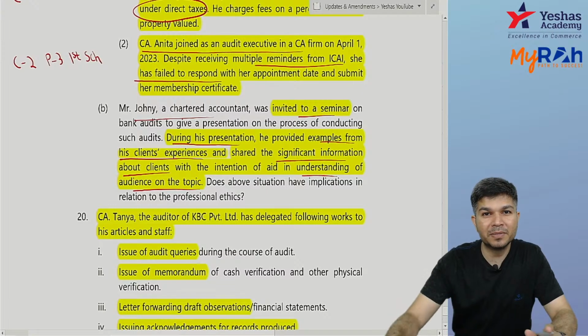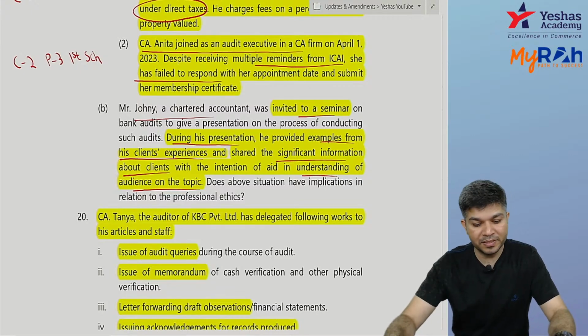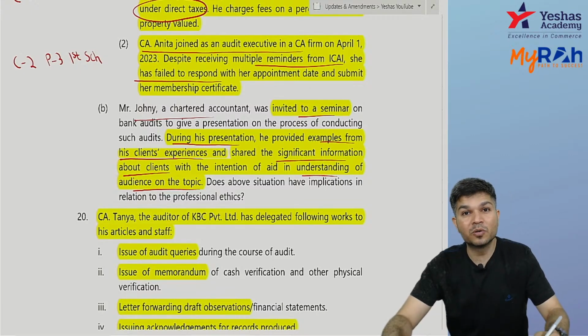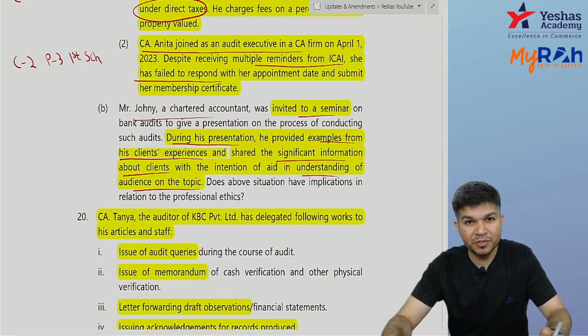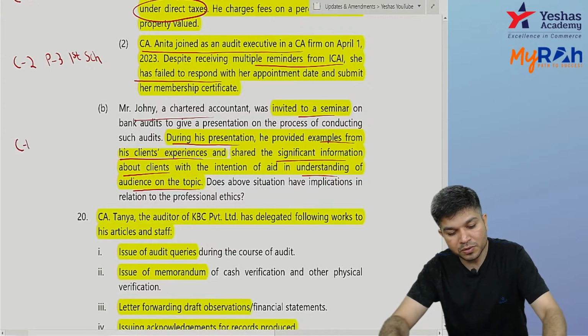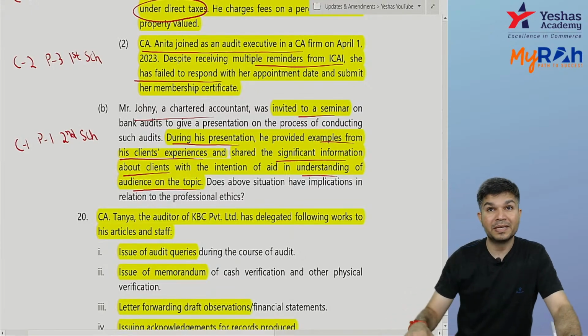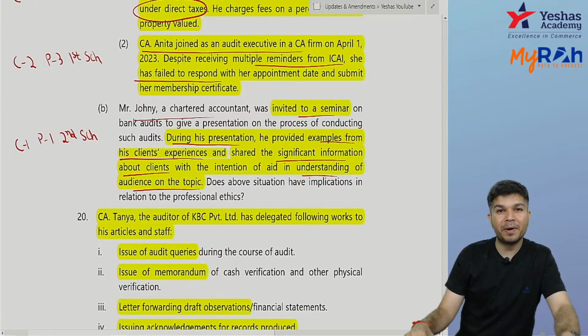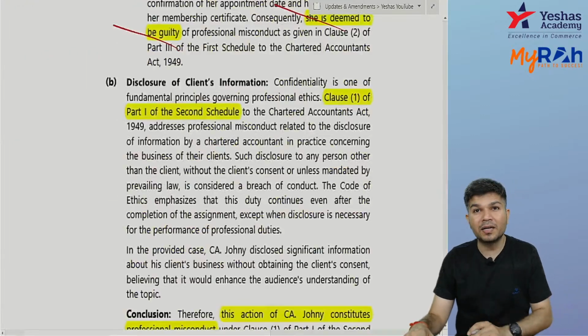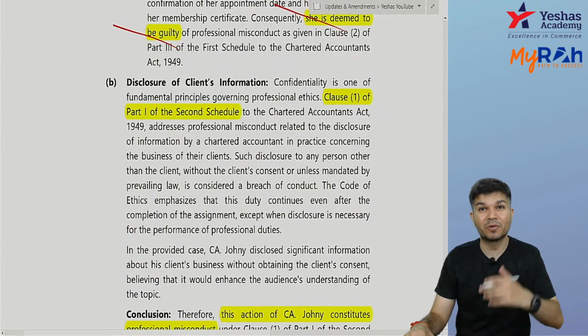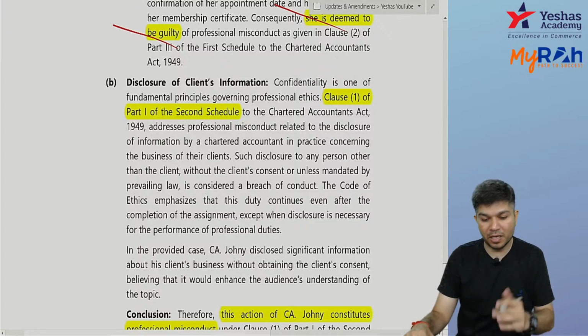But in a seminar, you cannot give information about your client or tell what your client is doing. This is not allowed. This is disclosure of confidential information. You will be guilty under clause 1, part 1, second schedule, unless you have the permission of the client or it was required by law or regulation.